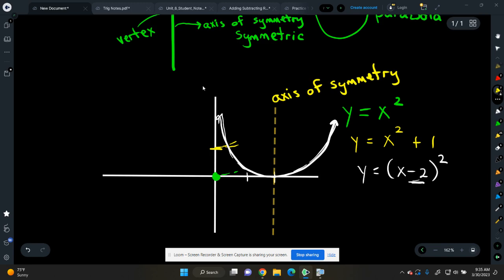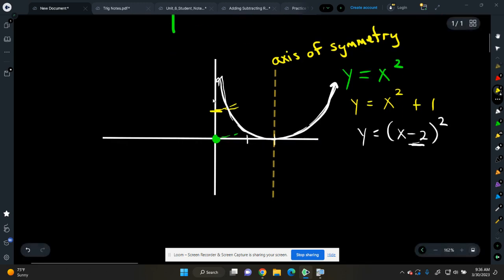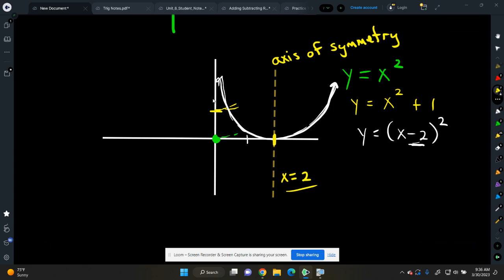Can you give me the name of it? This is called x equals, what do you think? What's this x value right here? 2. X equals 2. That's how I would identify that axis of symmetry.